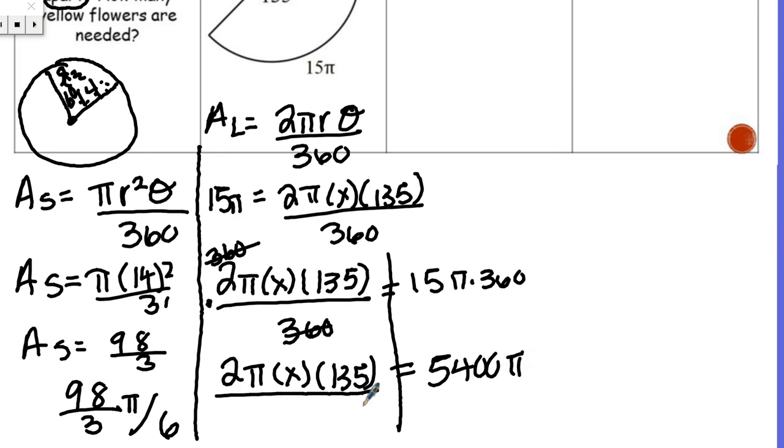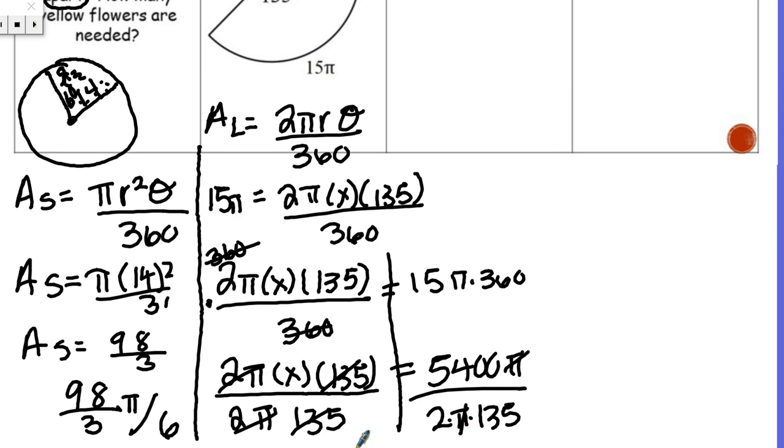Then we are going to divide by everything we don't want, since this is multiplication over here, so all of this goes away, and we get 2 pi 135. Pi's go away, and then we're going to use our calculator to help us with the rest.